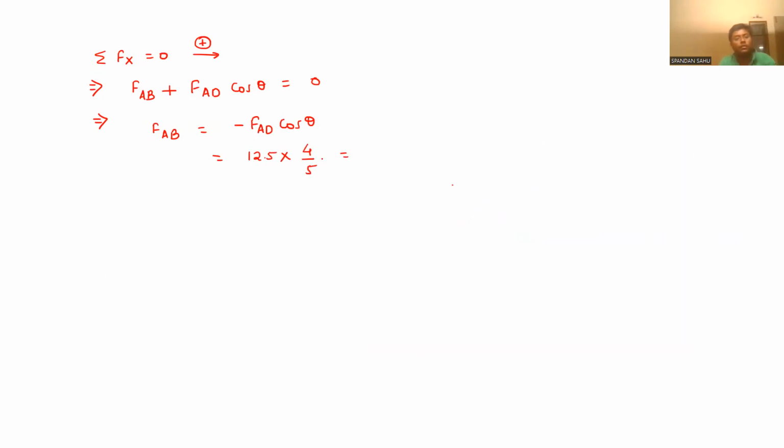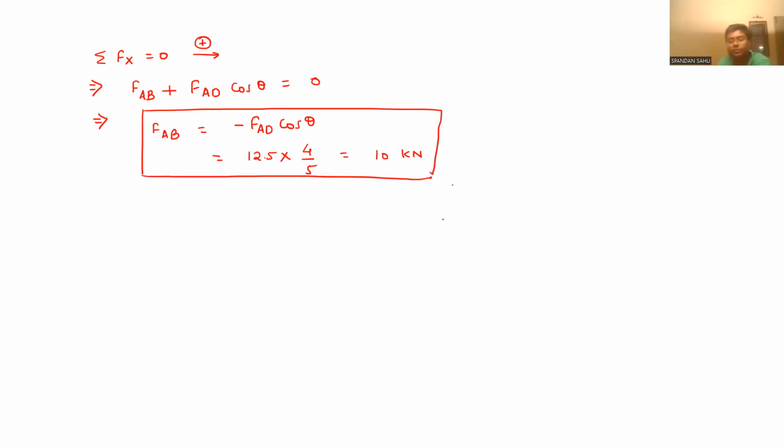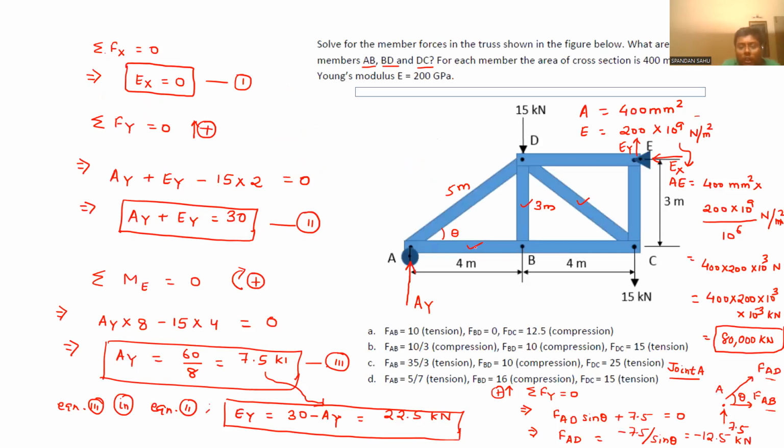So what we are getting will be FAB, right? After simplifying, we are getting FAB as 10 kilonewton. Now we got our first member force, that is FAB.